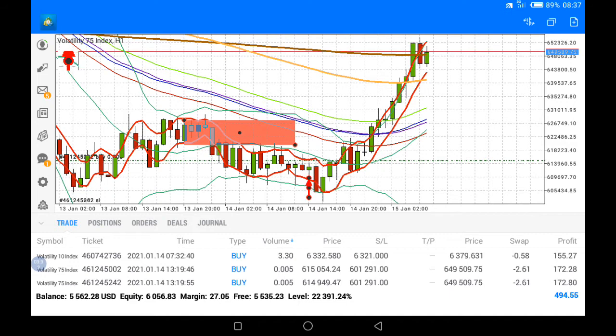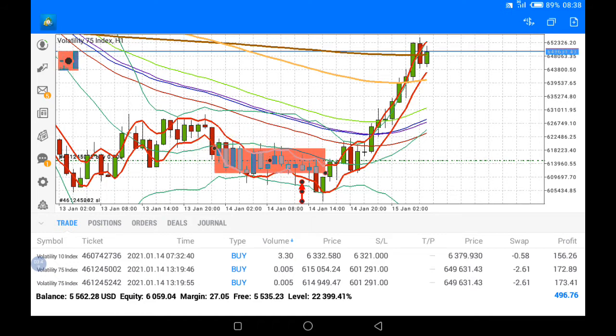This is a hammer, this is a hammer, this is a hammer, this is a hammer. What this means is that the buyers are refusing to let the price fall any lower. So the market was trying to build a foundation for it to skyrocket.